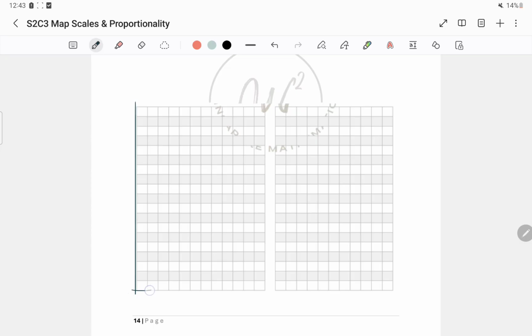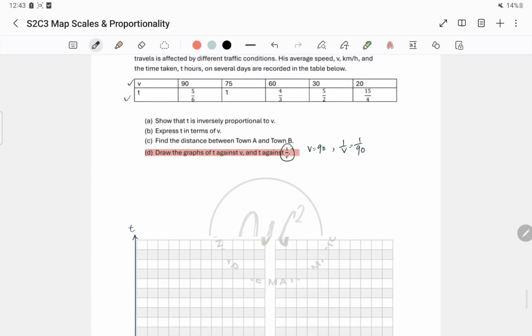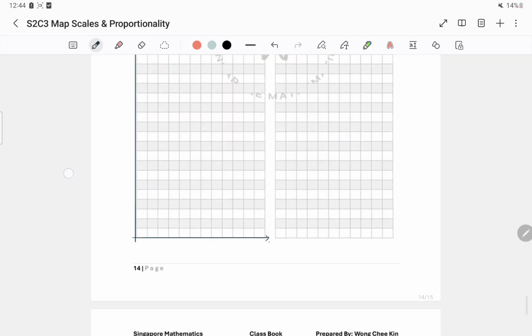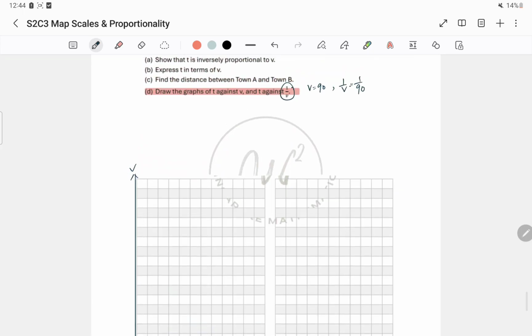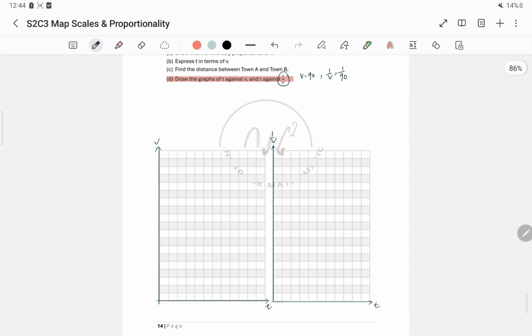So one of the graphs needs to be t, and here will be T, here will be 1 over V. So you have two graphs.